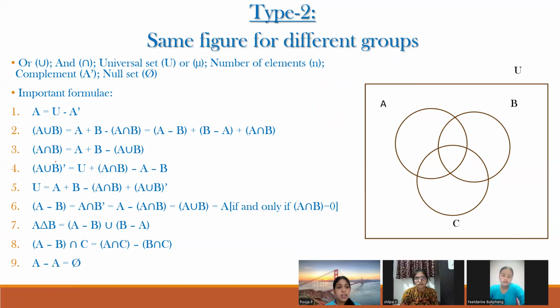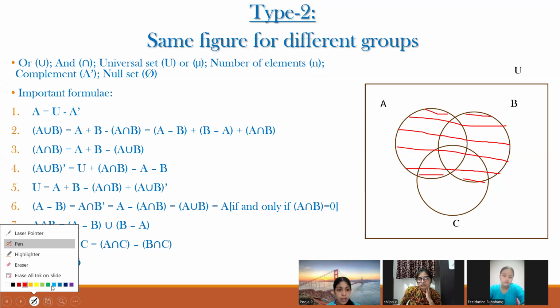Fine. The next one, that is A union B, the whole complement. So what is A union B? This much. So this represents A union B. And what exactly is the complement of it?